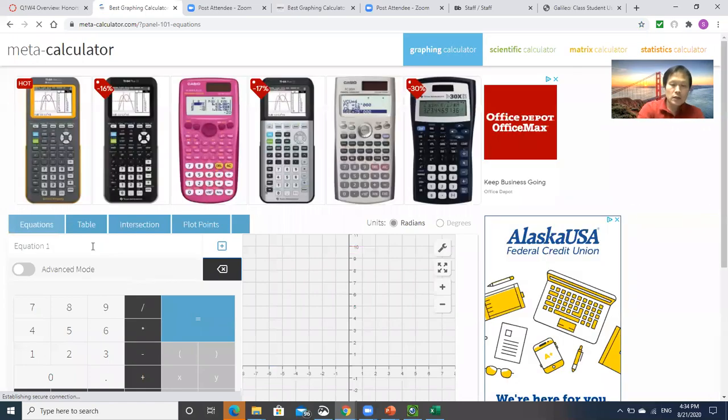y equals x to the power of 3 minus 3x squared minus 2x plus 4.